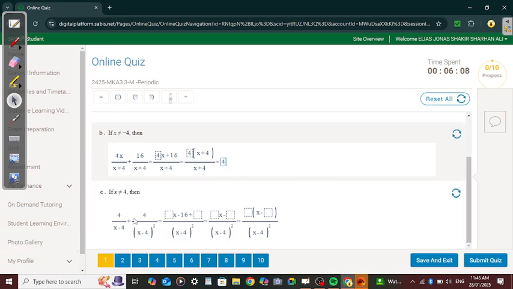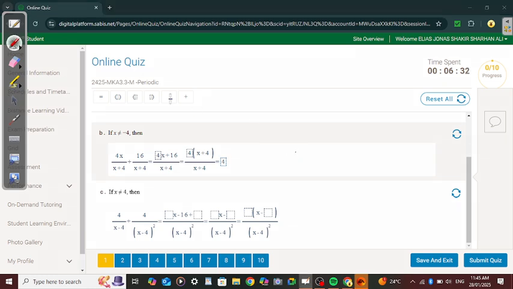Part C, 4 over x minus 4 plus 4 over x minus 4 squared. Here we need both fractions to have the same denominator. So we could multiply the numerator and denominator of the first fraction by x minus 4, so both fractions could have the denominator x minus 4 squared.